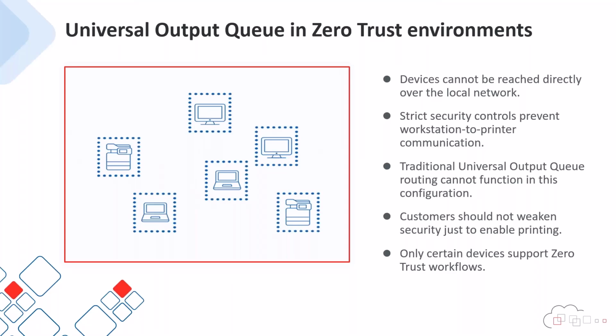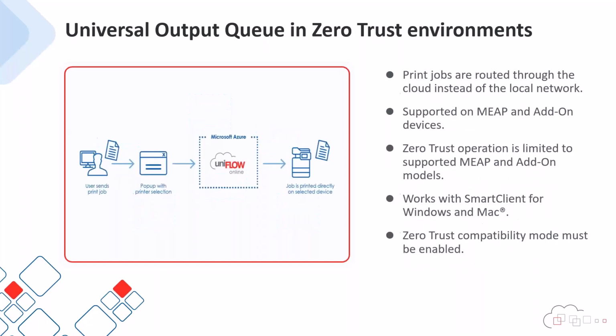But hey, customers should not have to relax zero trust controls just to make printing work. The universal output queue operates in zero trust environments, but only with certain compatible devices, which I will share later throughout the presentation. So let me quickly explain these differences and how it actually works in zero trust.